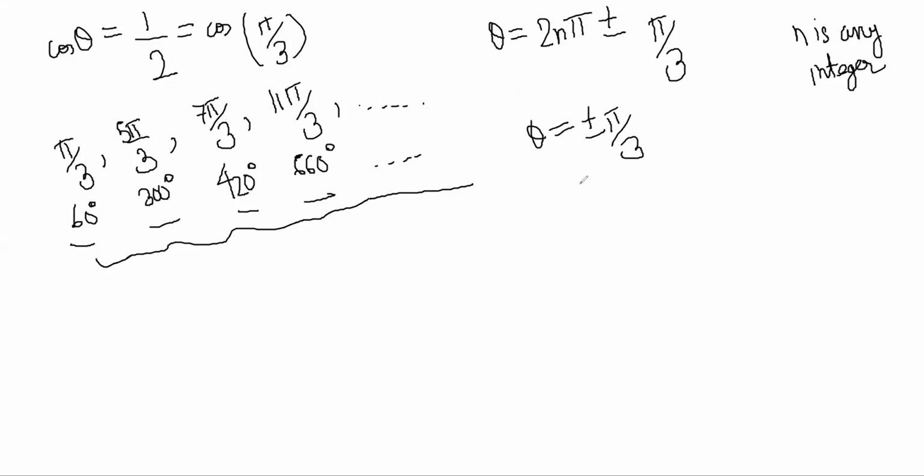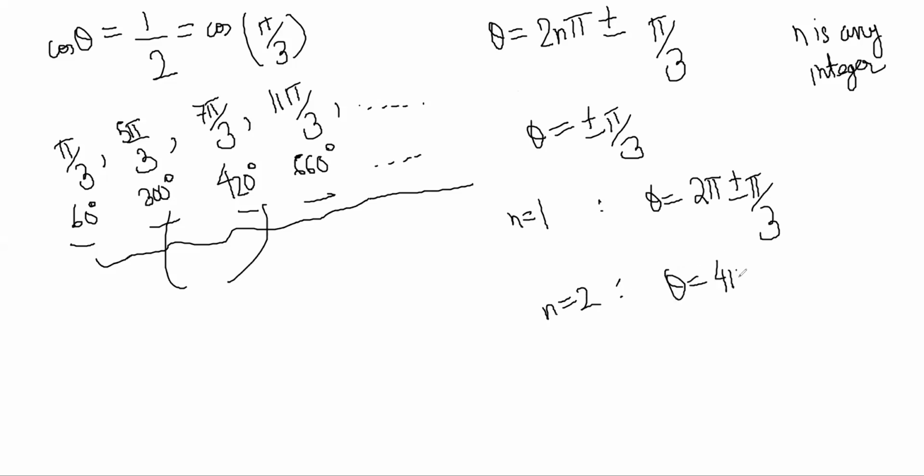If n is equal to 1, theta becomes 2 pi plus minus pi by 3. See, these values are covered in that. Then n is equal to 2, theta becomes 4 pi plus minus pi by 3. This value 660 is covered. Then 720 plus 60, 780, is also an answer. Those will be covered by this.